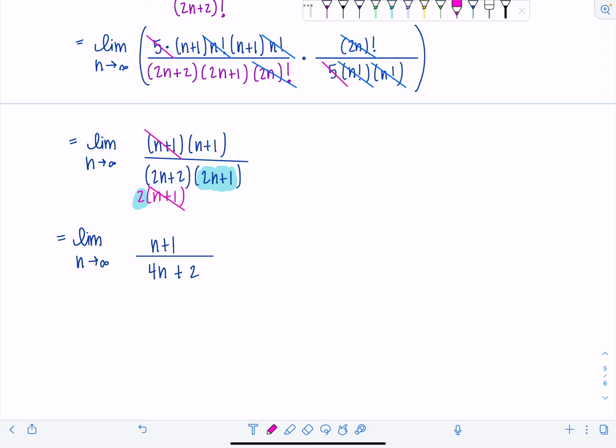When you have a rational expression like this to take the limit, we're just going to divide by the highest power of n in the denominator. I try to avoid using L'Hopital's rule because then you're going to have to define a function, right? Because sequences, terms with n, are not differentiable, so you can't use L'Hopital's rule the way it is right now. So I try to avoid it, okay? So we're going to divide by n.